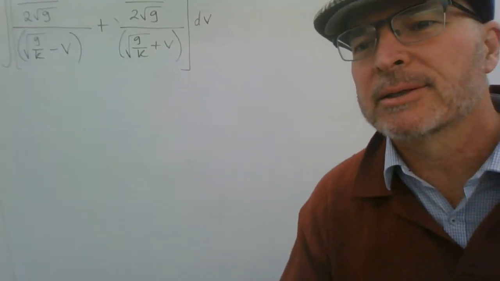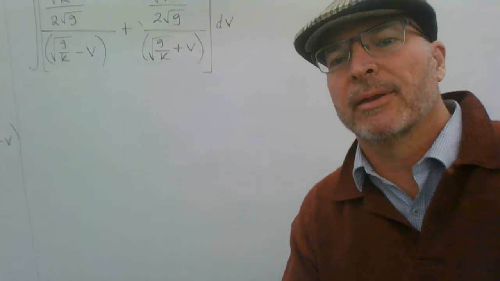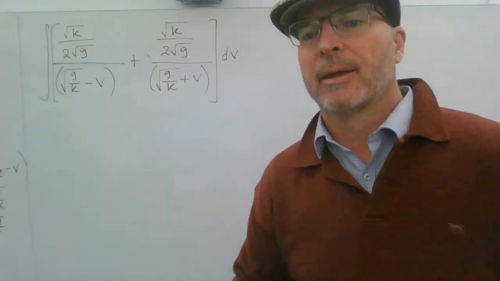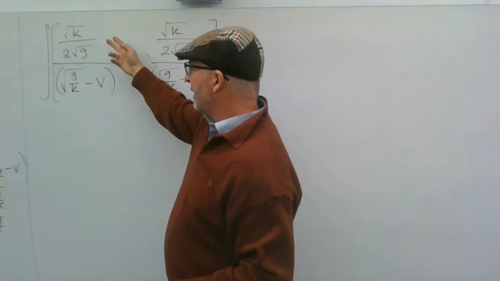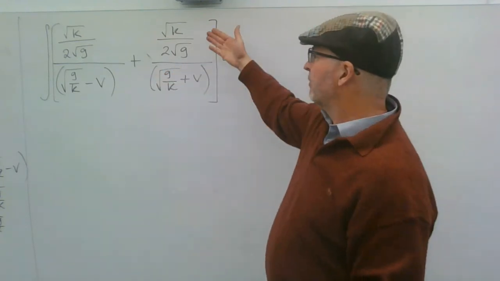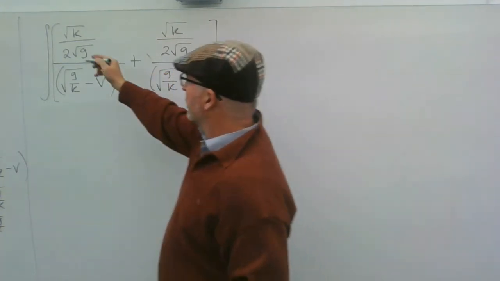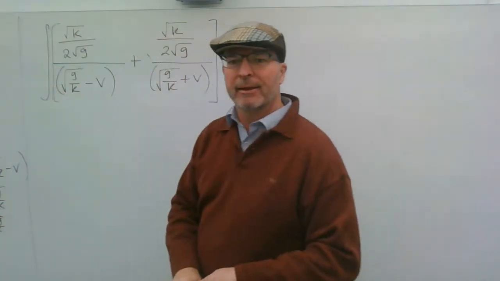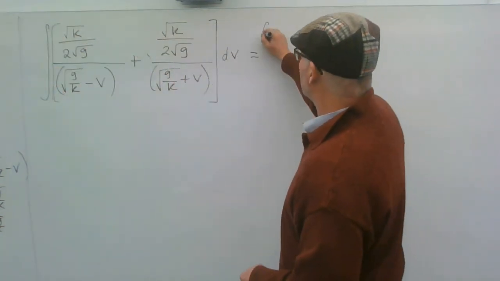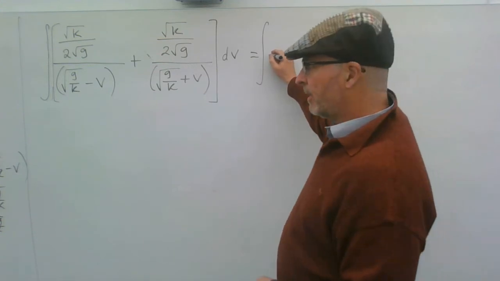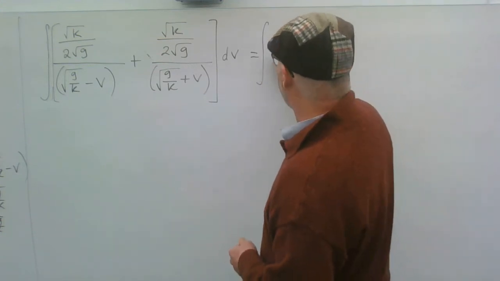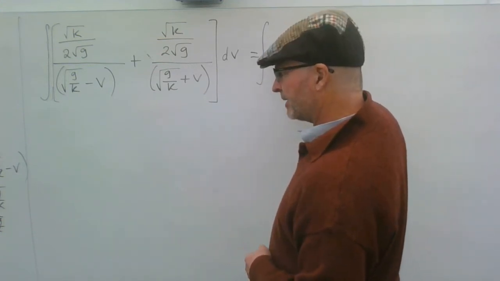I just need to go back slightly so you can see what I've got written there. So that's my a on my linear factor and my b on my linear factor, dv. And that integral is equal to the integral of k dt.